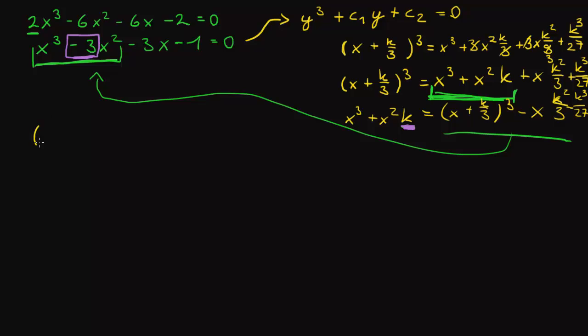So what do we get? We get x plus -3 over 3, that's just -1 to the third, minus k squared over 3. That's -3 squared is 9 over 3, which is 3, and we have a negative there, so it's -3x. And then we have negative k to the third.